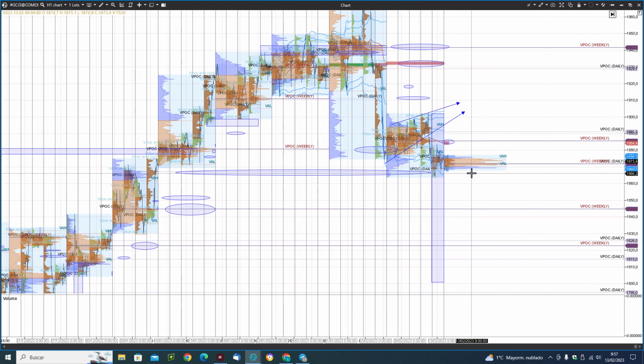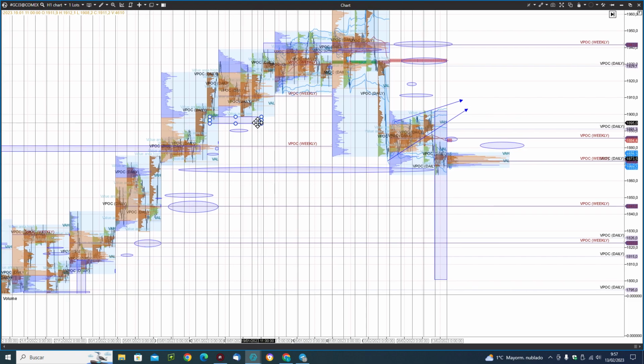Talking about higher targets. First one, this is an all weekly VPOC, 1881. Next step, this last week naked VPOC, 1886. Then if the price continues rising, here we have a price action zone with these minimums of this week and the maximums of last week.